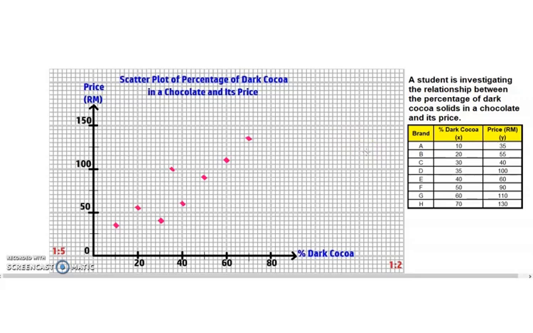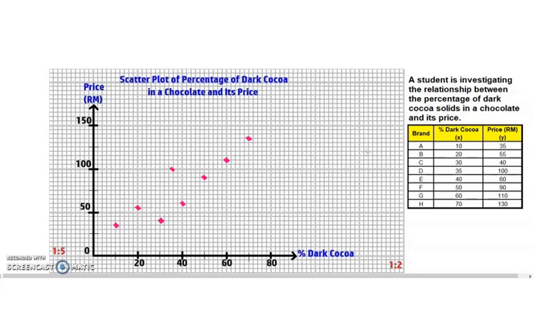Okay, now how to conclude the relationship that exists based on the scatter plot here. Again, we need to state the direction and the strength. So if you look at here, we can see that the direction is to the right. So we can conclude that there is a positive correlation between the price and percentage of dark cocoa contained in that chocolate.